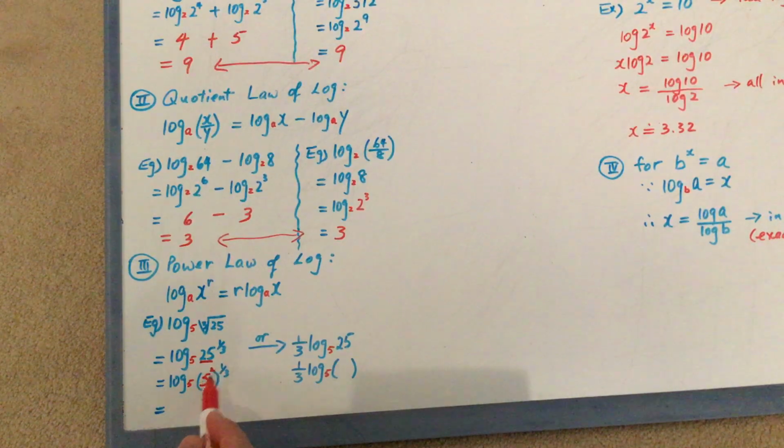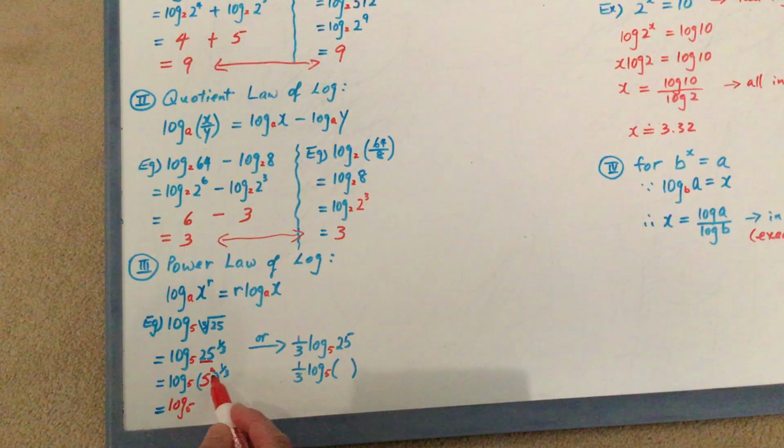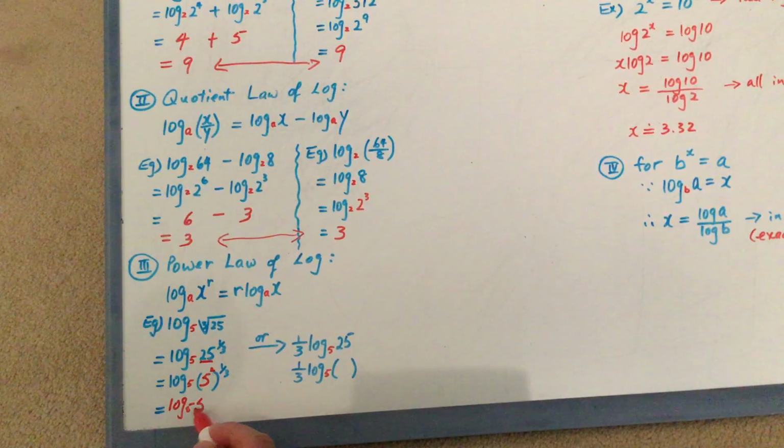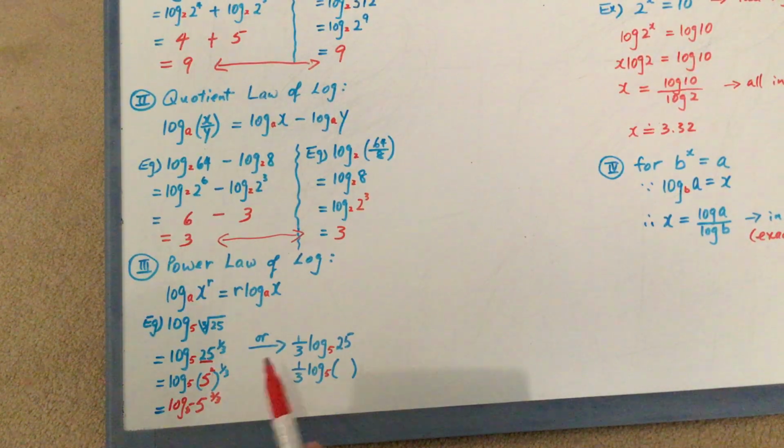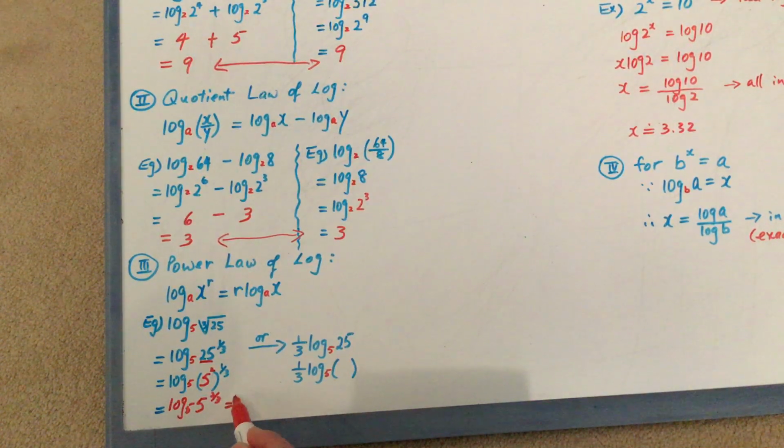Then I will end up with a log 5 of 5 to the exponent of 2 over 3, okay. And because we know log 5 of 5 to the exponent of 2 over 3 is equal to 2 over 3 from before.